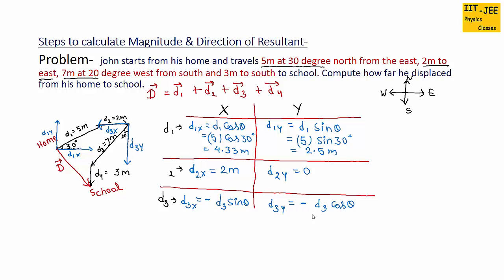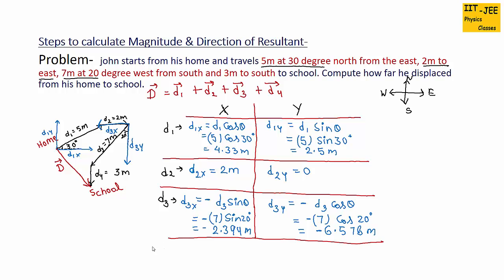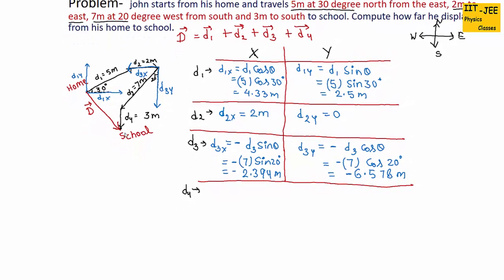So D3y equals D3 cos theta and D3x equals D3 sin theta. So let's plug in values. So minus 7 sin 20 degree and this would be minus 7 cos 20 degree. So this will give us minus 2.394 meters and this will give us minus 6.578 meters.